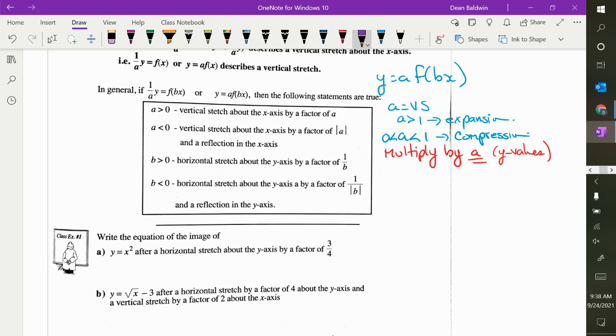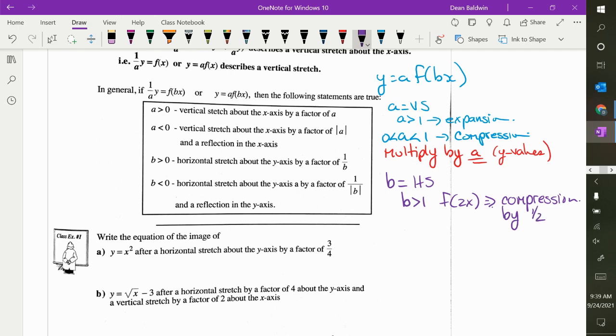All right, B. What does B do? It's a horizontal expansion or compression. I'll say HS, horizontal stretch. If B is bigger than 1, i.e. you have f of 2x, is that an expansion or compression? Compression. And it's by 1/2, right?